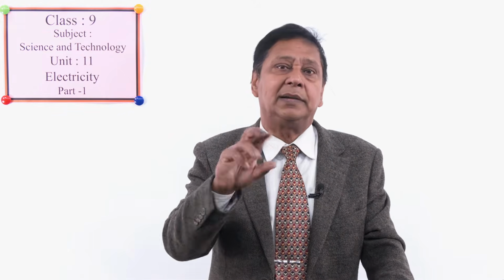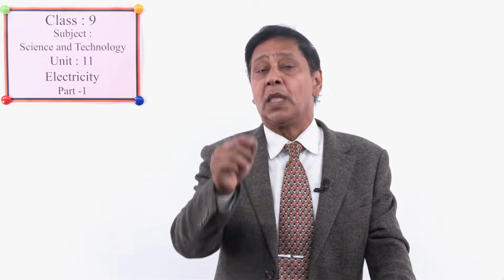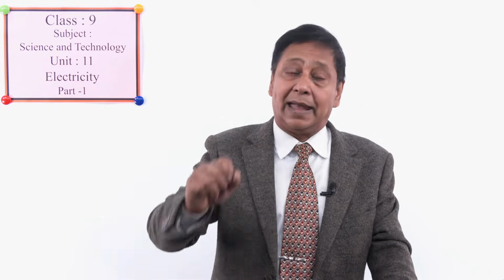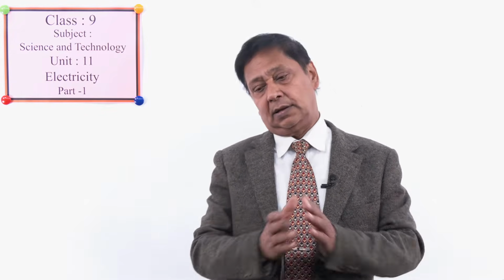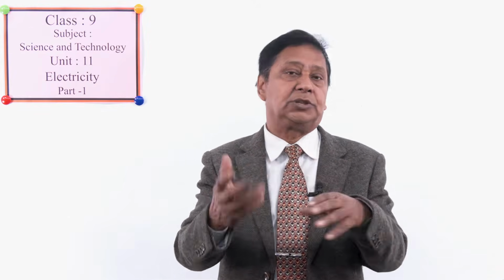These two particles are actually concerned with electricity, and they are present in atoms. The electrons and protons are associated with the atom. That's why without understanding the structure of the atom, we cannot understand electricity. So I want to start with the atom.